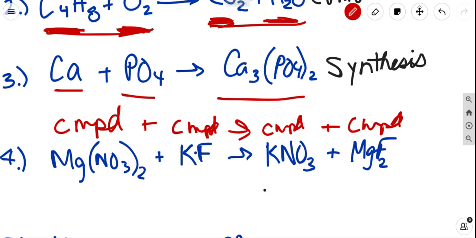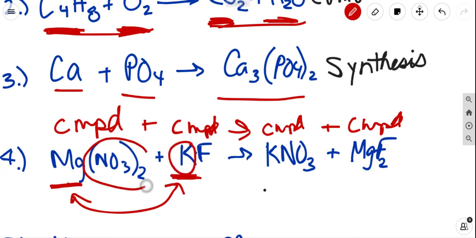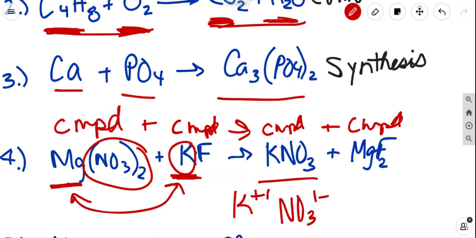Let's check. I have magnesium here and potassium here. In doubles, they switch. So is potassium with NO3? Yes. Some of you might be thinking, well, where did the parentheses 2 go? Well, potassium is 1+ and nitrate is 1-, and their charges cancel out.